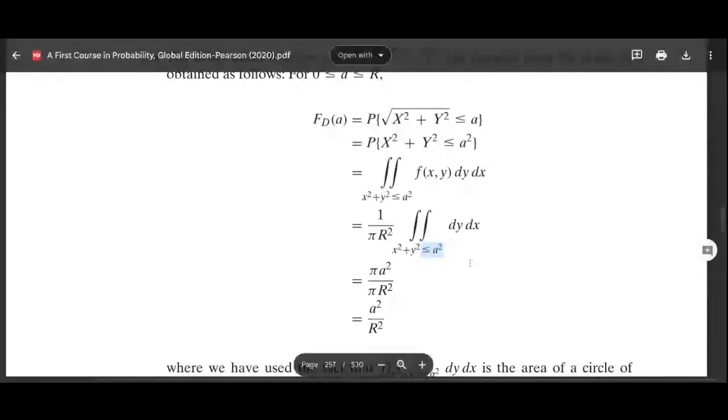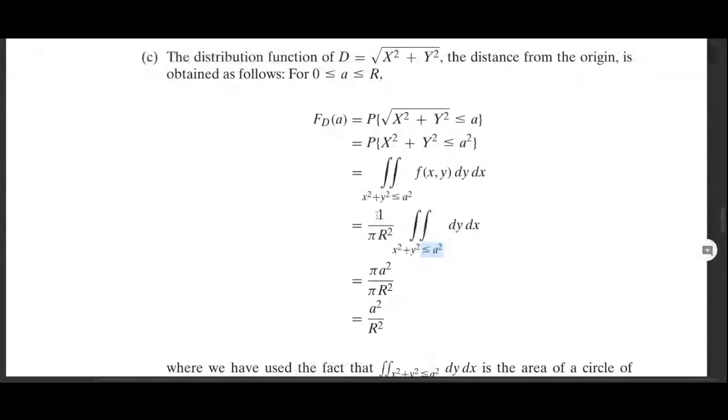Pi a squared, right? So we have this times pi a squared, which just becomes a squared over r squared. Very interesting, right? Does anyone have any question?